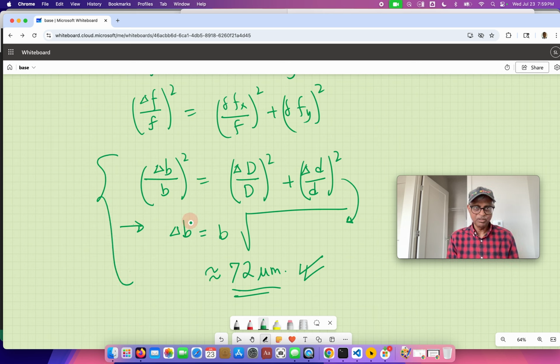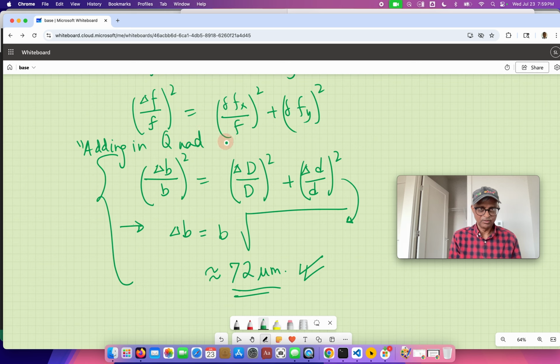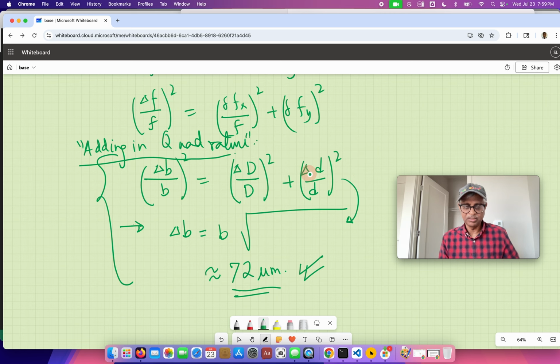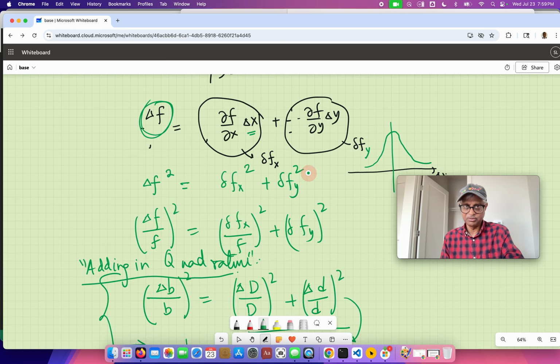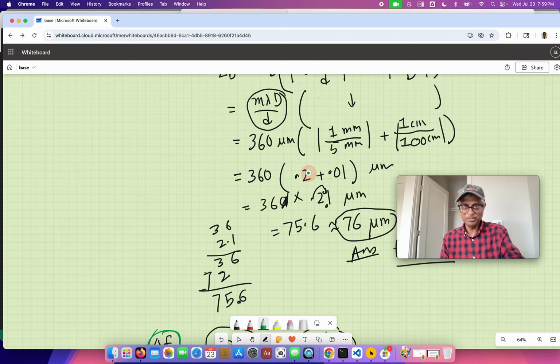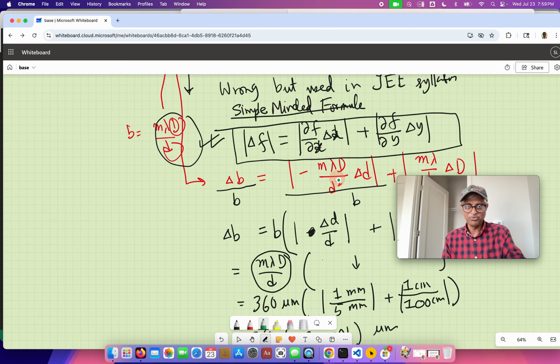This way of doing it is called adding in quadrature. So the error is added in quadrature, but for the test, don't make it that complicated. For the test, do the absolute value, okay?